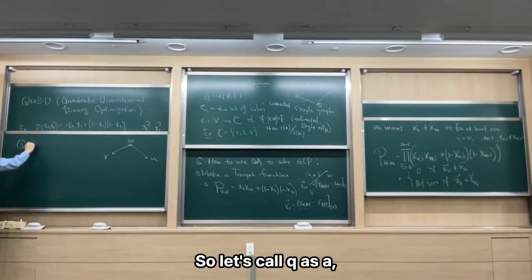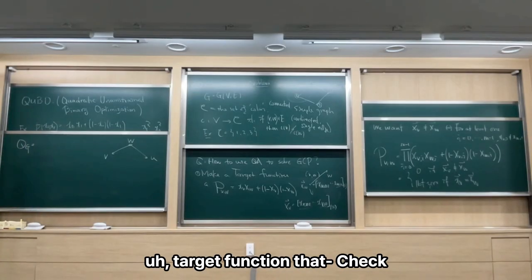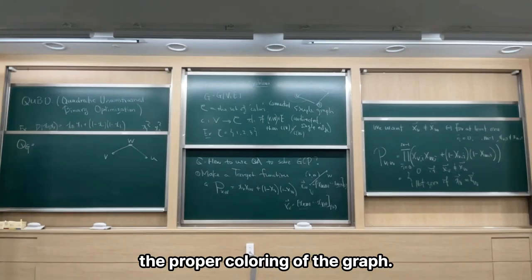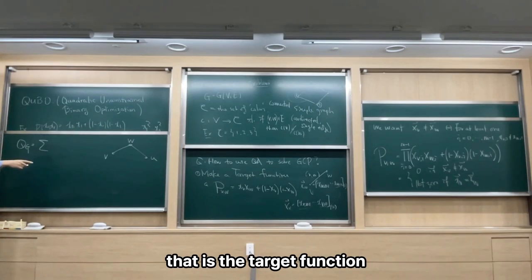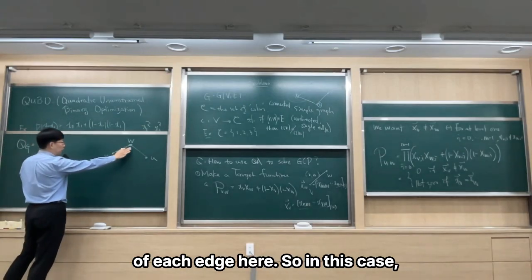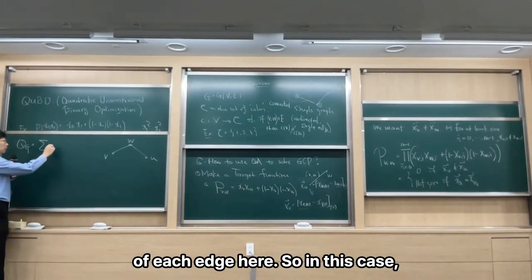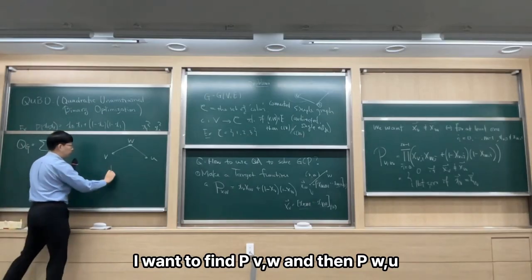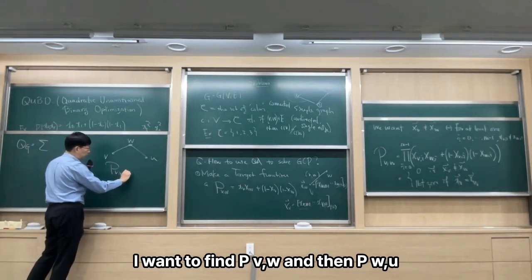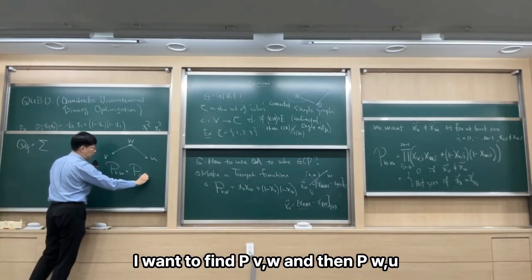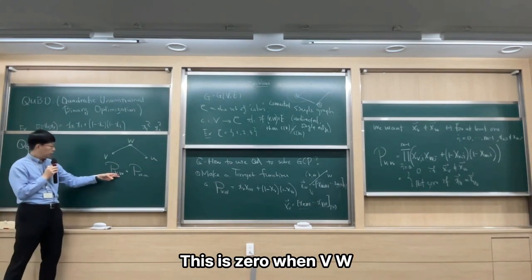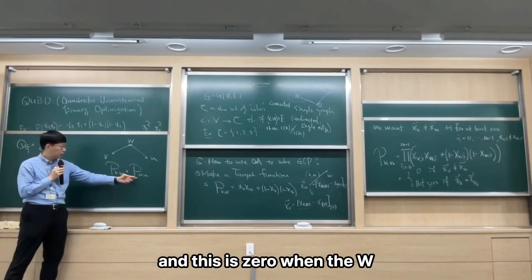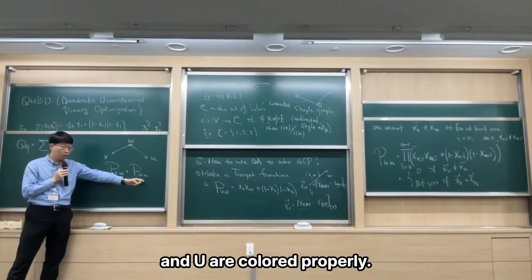So let's call it Q, a target function that checks the proper coloring of the graph. And this must be the sum of all the polynomials that are the target functions of each edge. So in this case, I want to find P_VW and then P_WU and add them together and call it the target function, because this is 0 when V and W are colored properly, and this is 0 when W and U are colored properly.